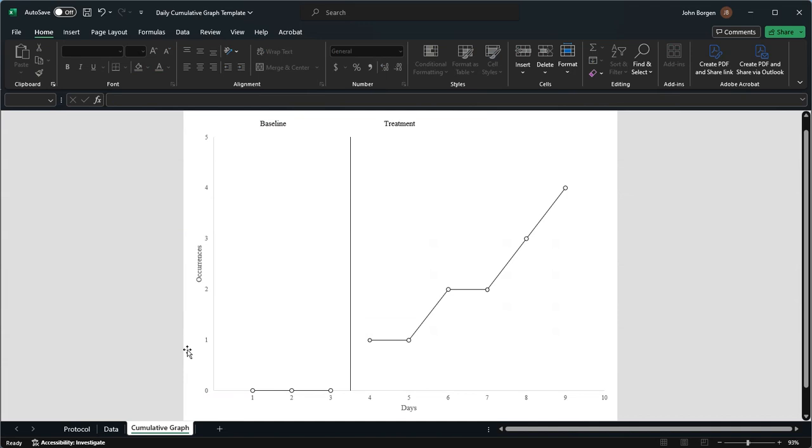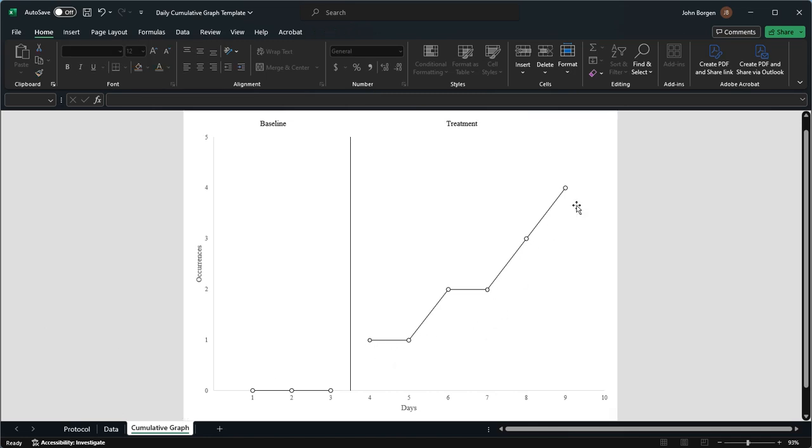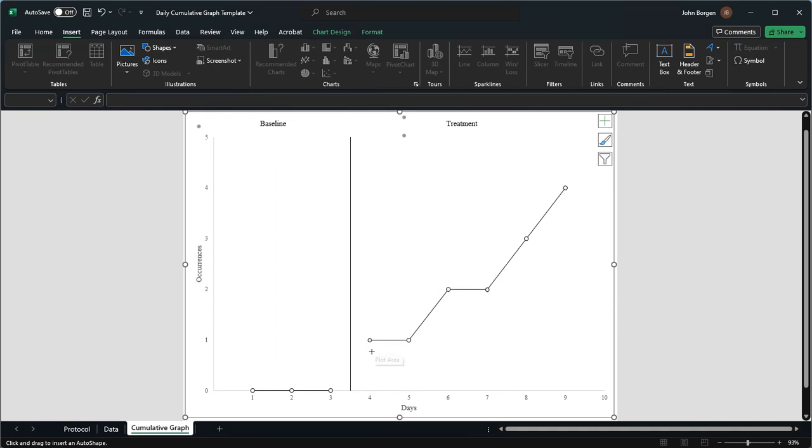So now this is what the graph looks like. And looking at this, we would say our treatment is pretty effective because it is going up. If I drew an eyeballed trend line, I'd have something looking more or less like this.